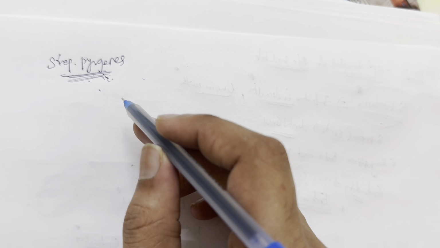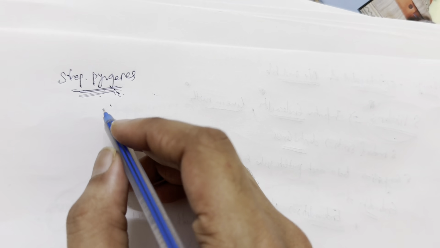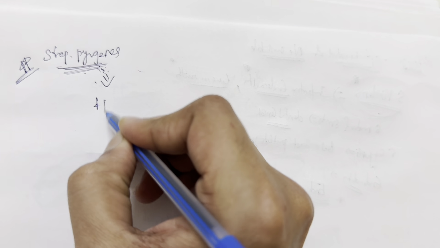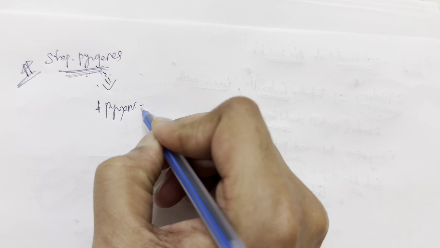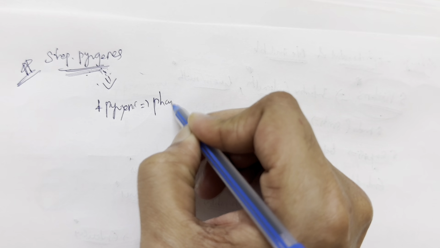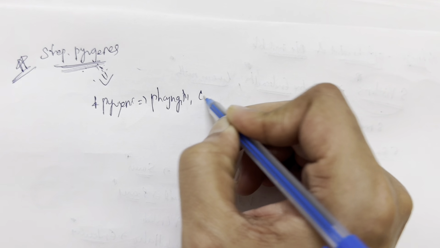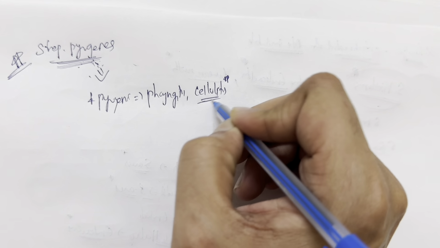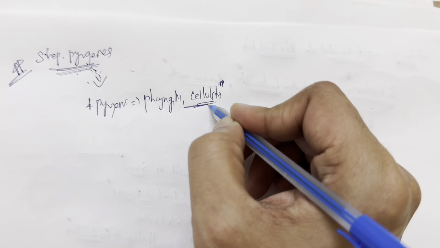So Streptococcus pyogenes, why is it important? This is one of the very important organisms in Streptococcus because of its pyogenic symptoms: it causes pharyngitis and cellulitis. Cellulitis is important from an image perspective.